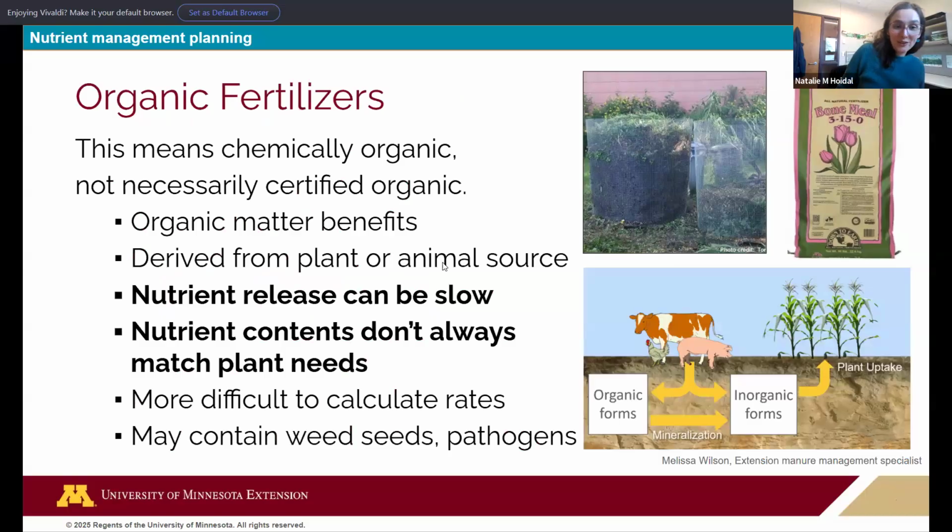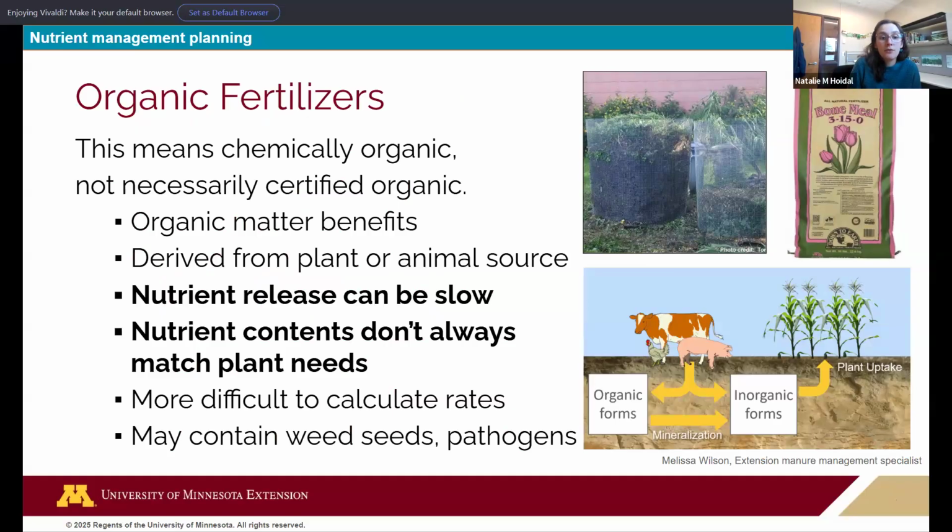Organic fertilizers are a little trickier. Again, this means chemically organic, not necessarily certified. The benefit of using organic fertilizers is that you're improving the soil health. You're adding organic matter to the soil. These tend to be derived from plant or animal sources, so again, things like compost and manure.